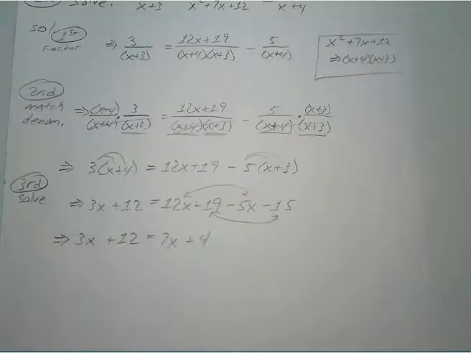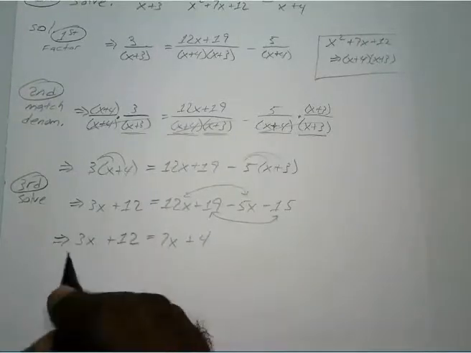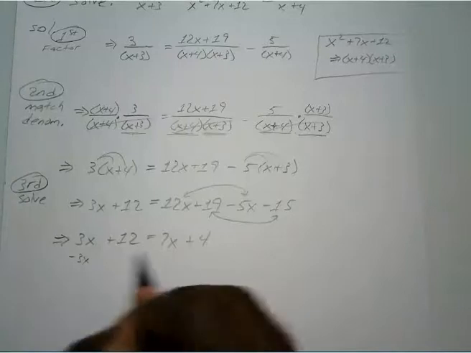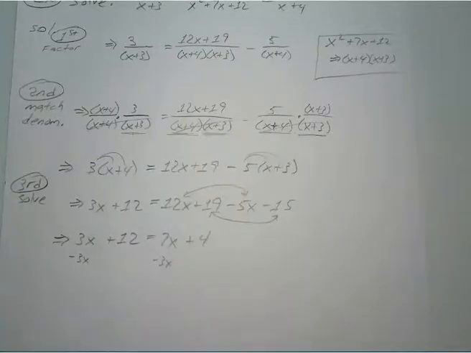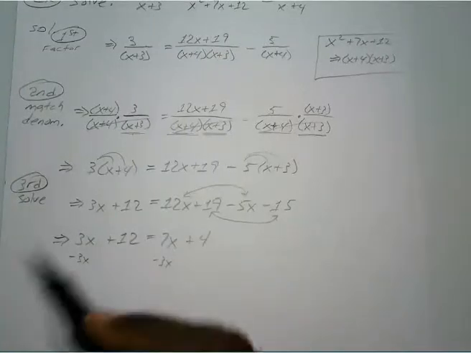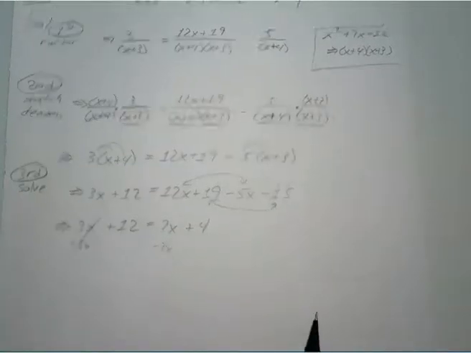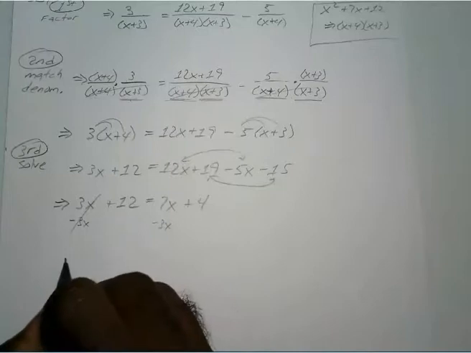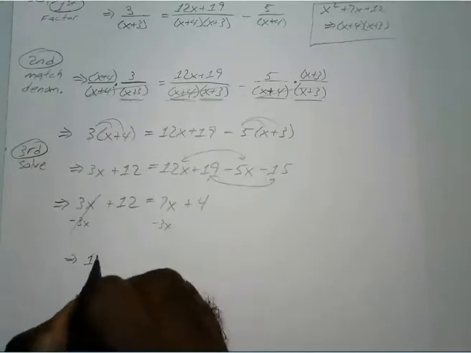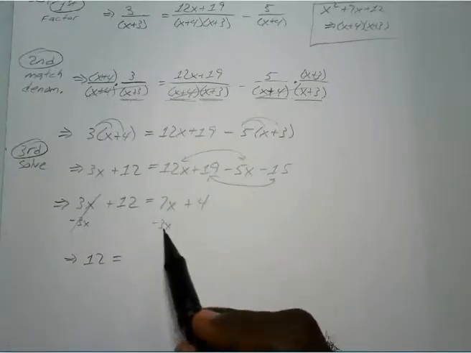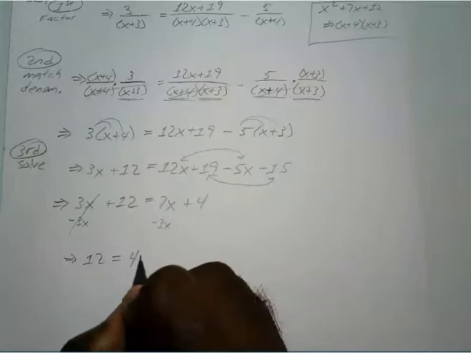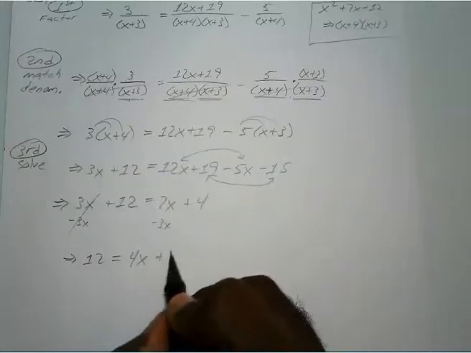All right, so now we just have to bring all of our x terms to one side. So if we subtract 3x from both sides, these two will cancel out. So we end up with 12 equals 7x minus 3x is 4x plus 4.